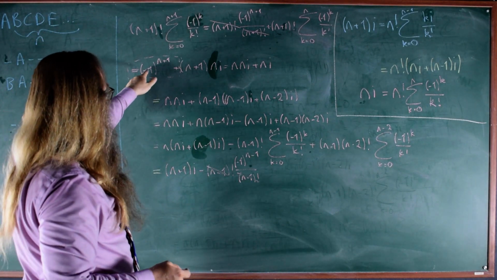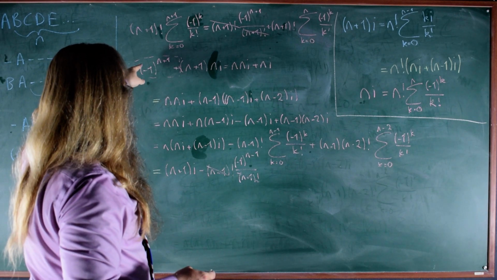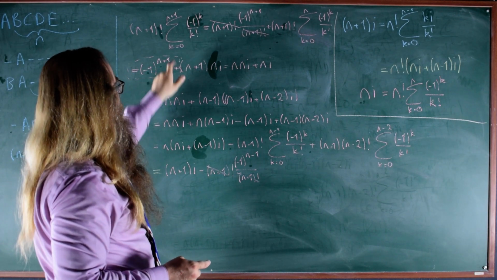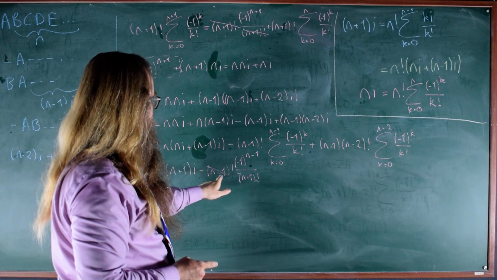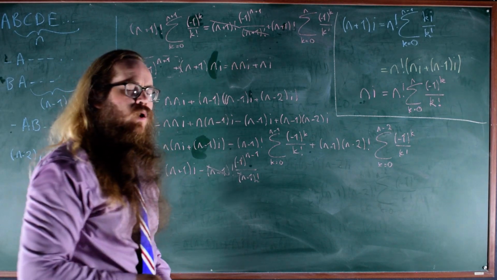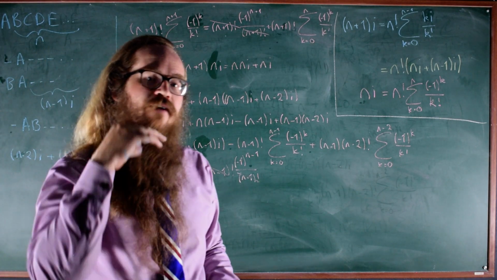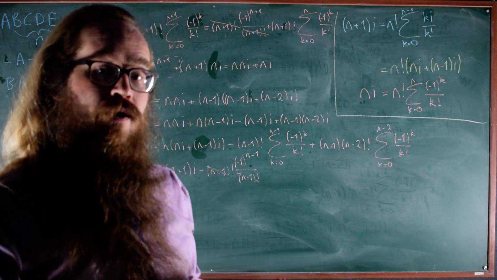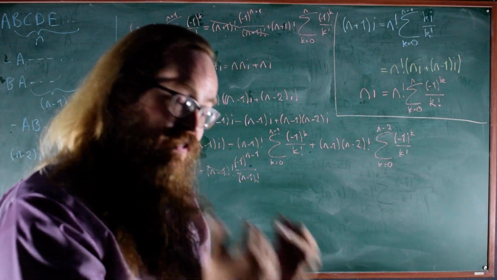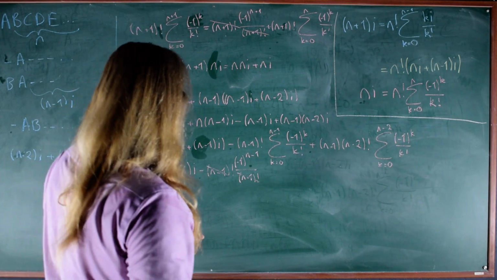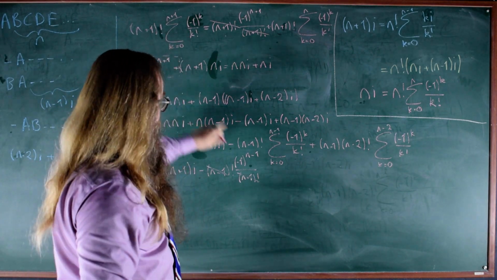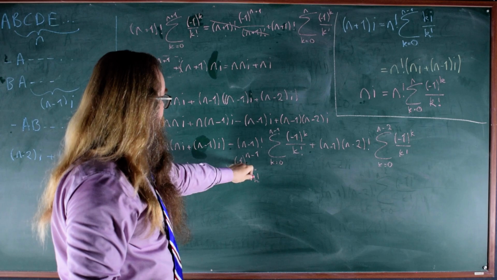But what I had earlier is a minus 1 to the power of n plus 1, and then I have a minus 1 to the power of n minus 1. But every other power of minus 1 will have the same sign. So if this is a plus 1, then this is also a plus 1. If this is a minus 1, this is also a minus 1.